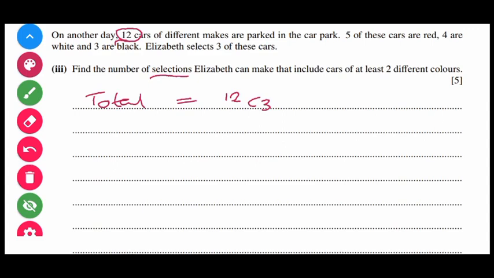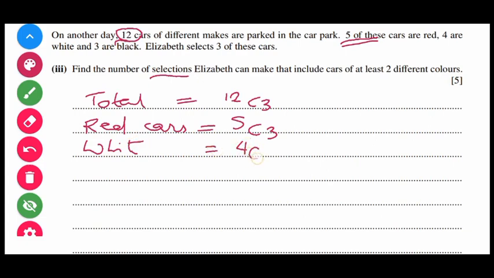Okay. Now, selection of red cars. We have 5 red cars. From 5 red cars, if you select 3, we get 5C3. Similarly, selection of white cars, we get 4C3.